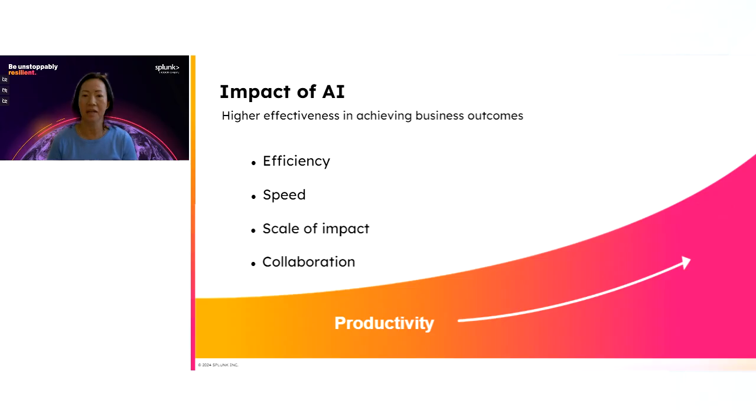And I think with generative AI, it's opening up a new channel of benefit, which is collaboration. You can use AI to share your ideas with your colleagues. But at the end of the day, all of this really goes towards improving the productivity of your team, but also the assets within your company.